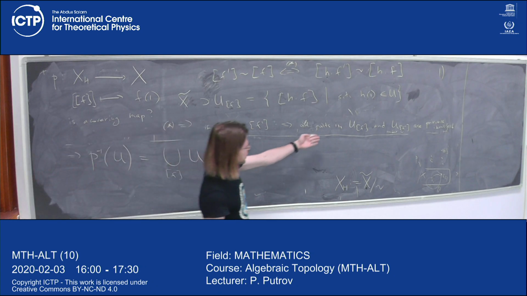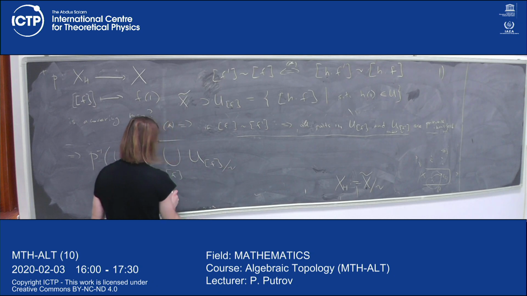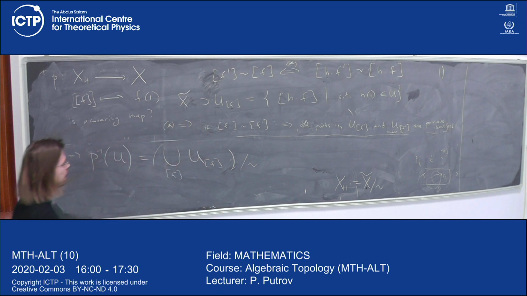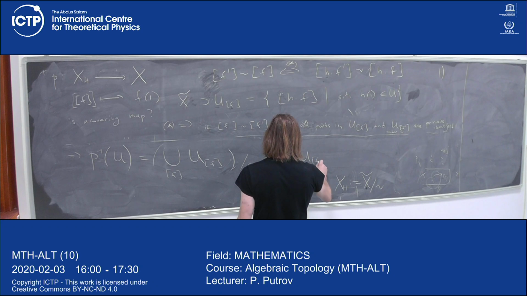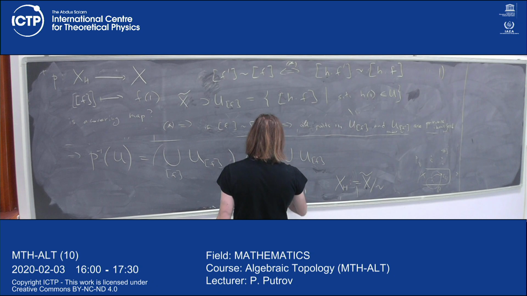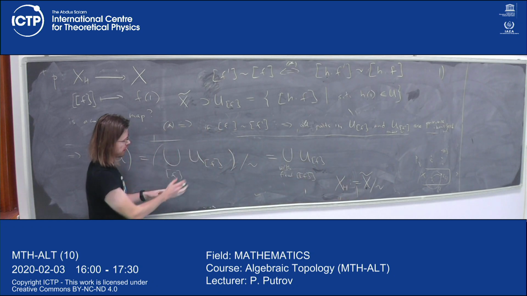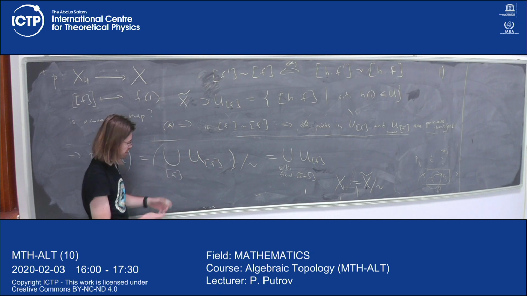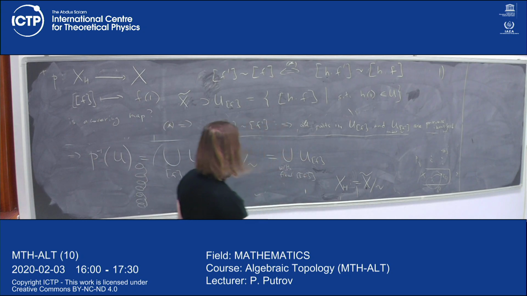Because of this observation, when you consider this quotient, it would be the same as just taking the union of U_F with F fixed up to the class of F, because here it was a disjoint union of sets homeomorphic to each other, and what the quotient does is just identify some of them into these classes, and this still will be a union of this form.